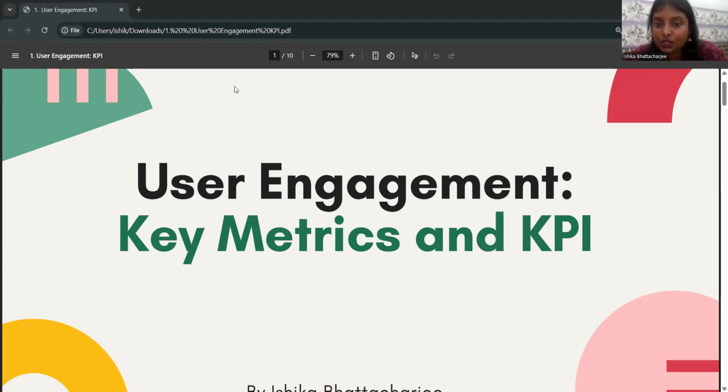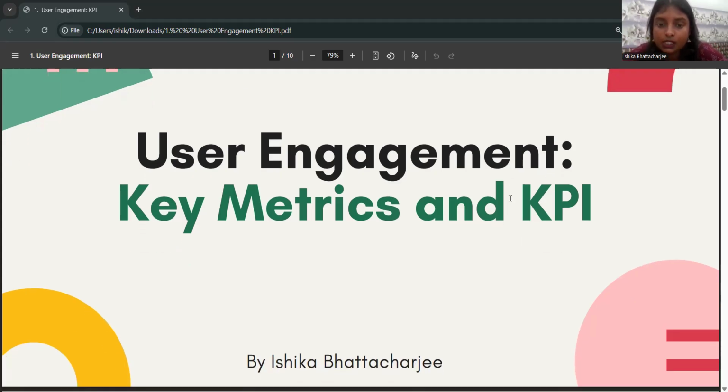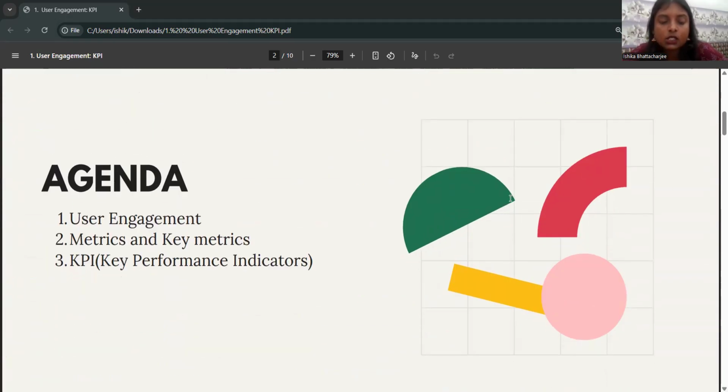So we need some measurement, right, for the engagement that makes us understand if the user is actually engaging with our platform or not. So we are going to cover those. So let's move forward. Today we are going to look at what is user engagement, metrics and key metrics, KPI, which is key performance indicators.